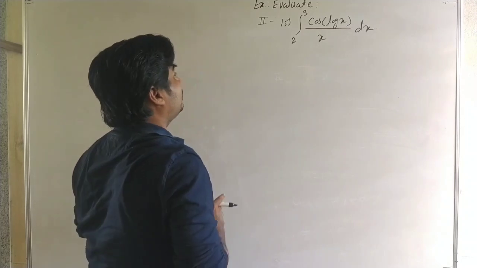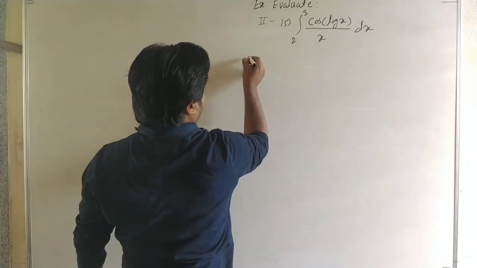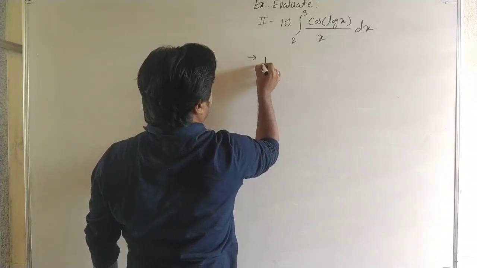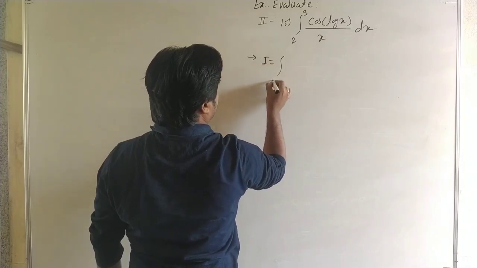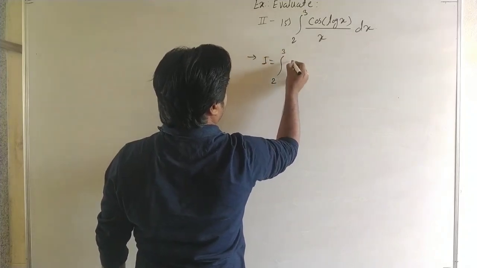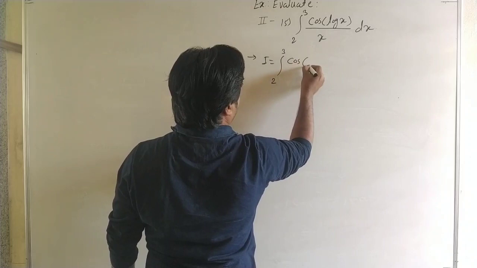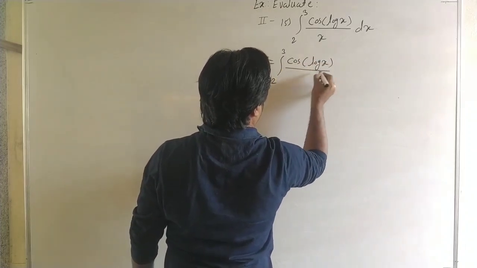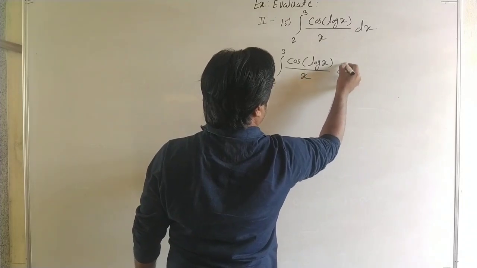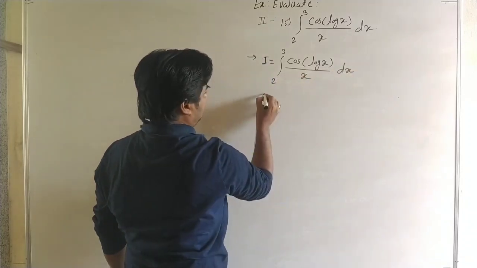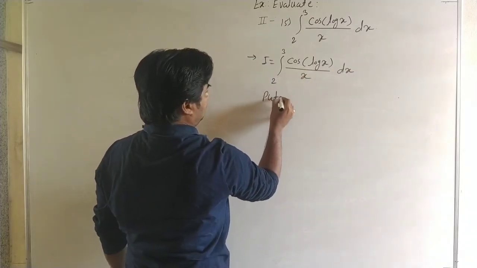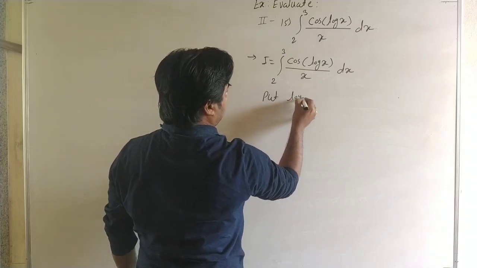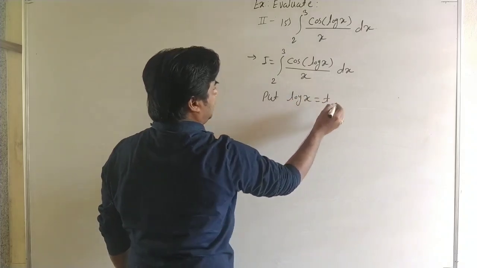Put log x is equal to t. Cos of log x upon x dx. Put log x is equal to t.